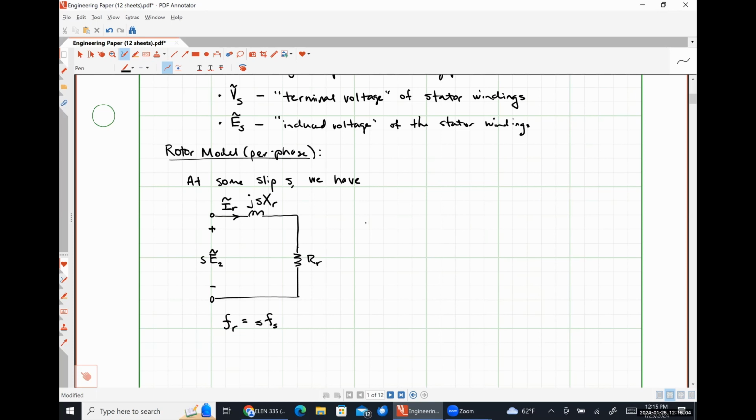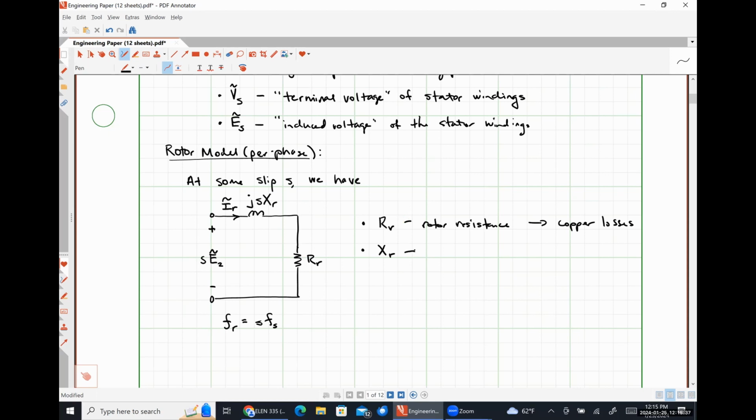So just to label what quantities are, we have our resistance R2 is the rotor resistance, representing copper losses in our rotor windings. Oh, sorry, I say R2 there, but that should be R sub R, my apologies.